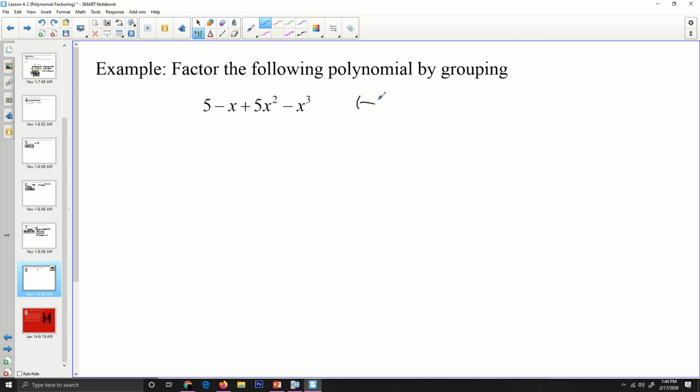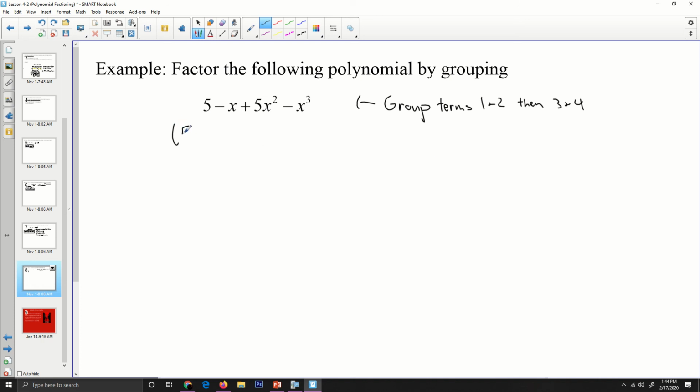And so we're going to group terms, let's do it right, terms 1 and 2, then 3 and 4.